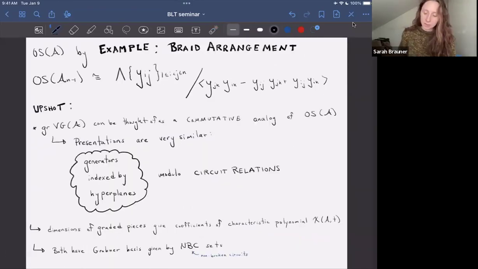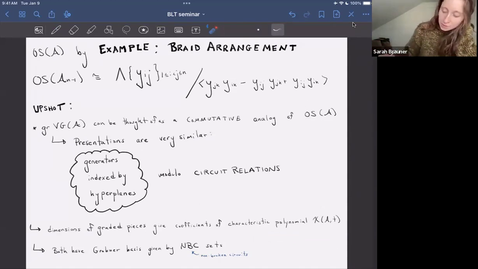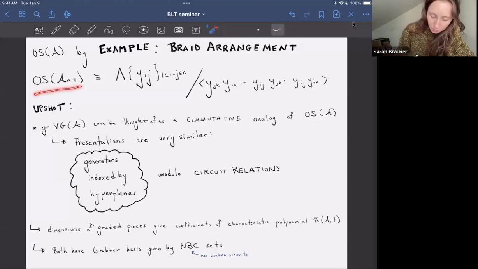Then there's the Orlik-Solomon algebra, which I think people are a lot more familiar with. I'm not going to go into too much detail about this because I really want to focus on the Varchenko-Gelfand ring today, but I'll show you by example what the Orlik-Solomon algebra looks like for the braid arrangement. What you should notice is that it looks very similar.